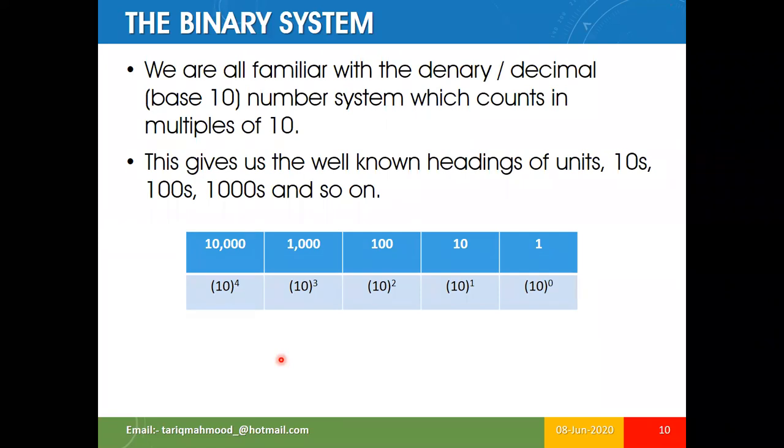All the numbers in the denary system are combinations of 0 to 9. Like the number 10 is a combination of 1 and 0, number 11 is a combination of 1 and 1, and so on.